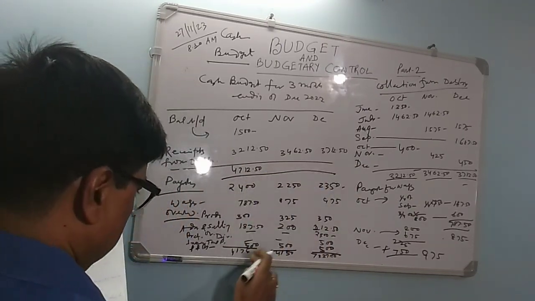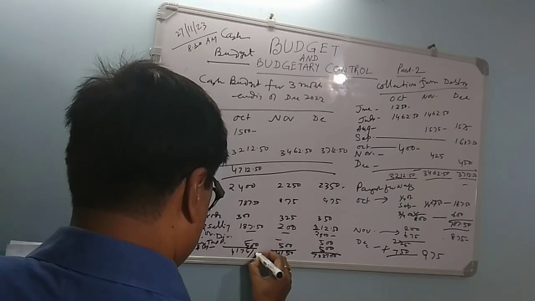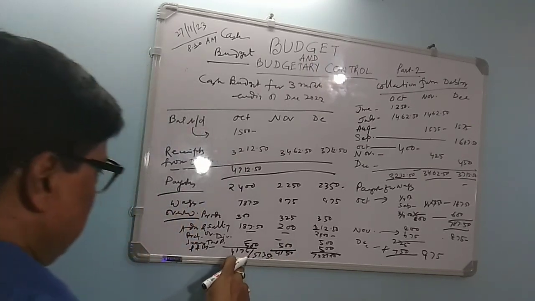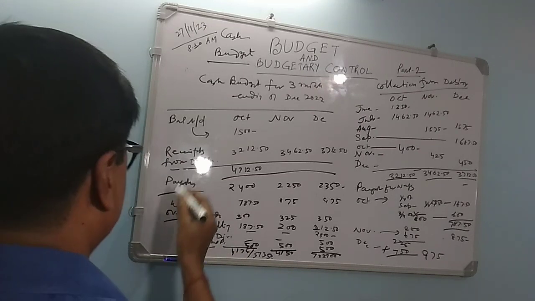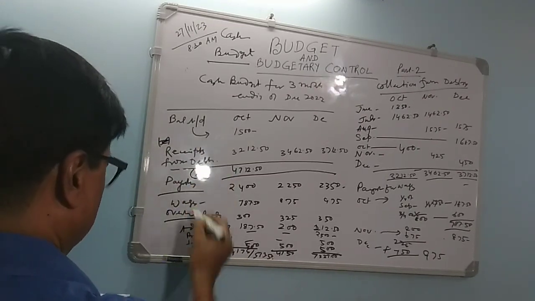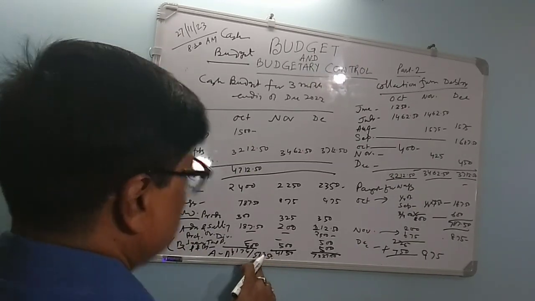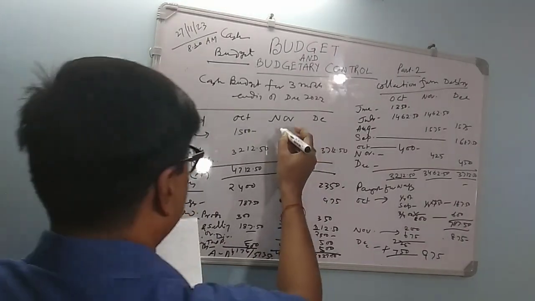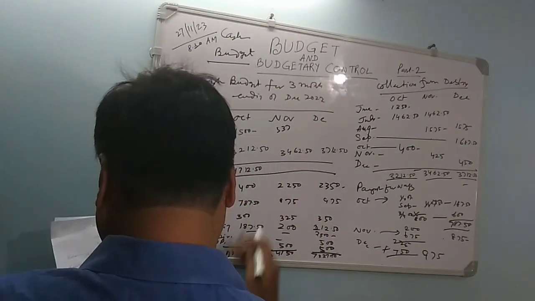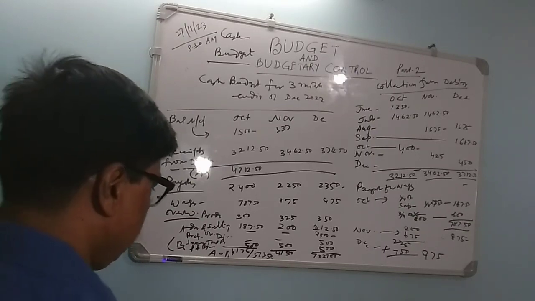So this 4712.50 minus 4175, your balance will be 537.50. This 537.50 will be the closing balance, that is total receipts A, total payments B, A minus B. So 537.50 is the closing balance. This will be the November opening balance.